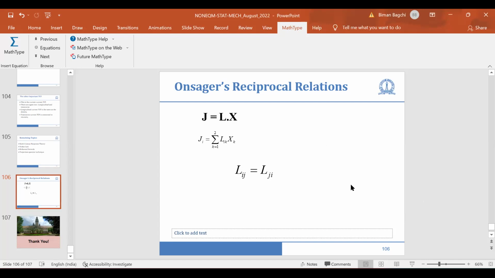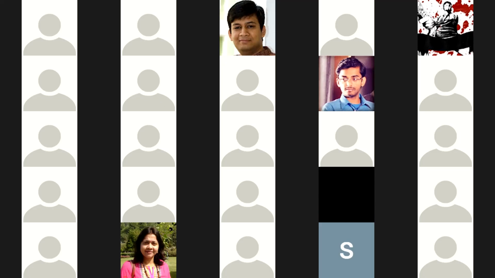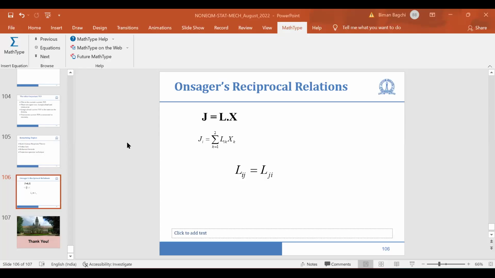Okay, I can stop screen sharing and go to share screen, and I can do this. No, it's again the same thing. It's not coming. Okay, but I have to work with this now.